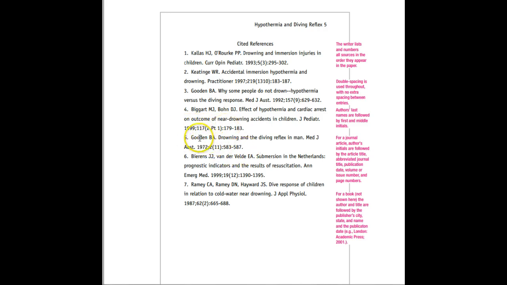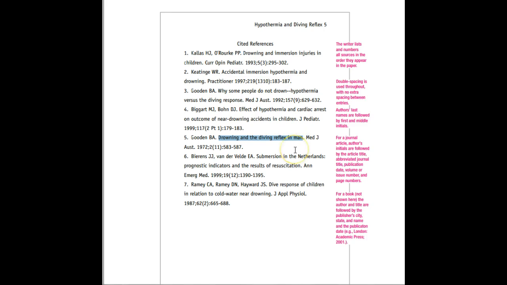And notice here's Gooden and here's Gooden. Number 3 and number 5 are written by the same person, B.A. Gooden, but they are different because number 3 is called Why Some People Do Not Drown, Hypothermia versus the diving response, and this one, Drowning and the Diving Reflex in Man.